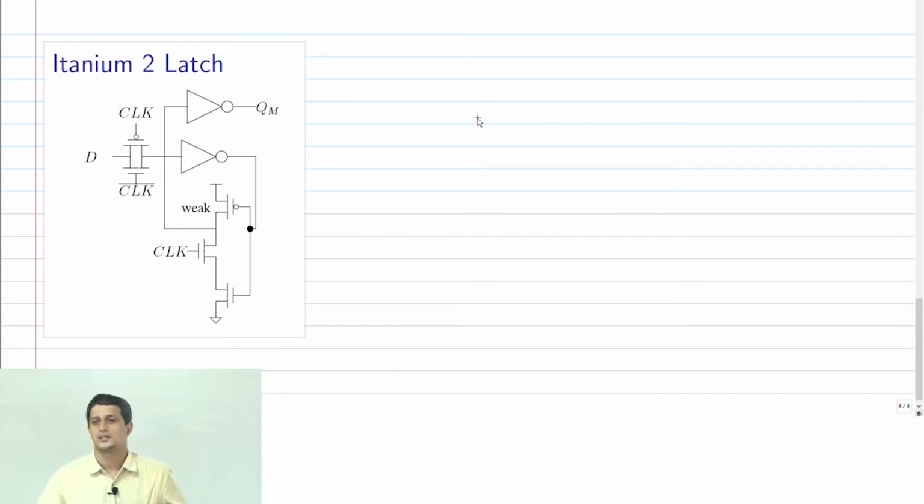Okay. Is it true for both logic states? No. So that's what I'm saying. So you have to tell me this analysis now for if D was 0 and if D was 1, what would happen?